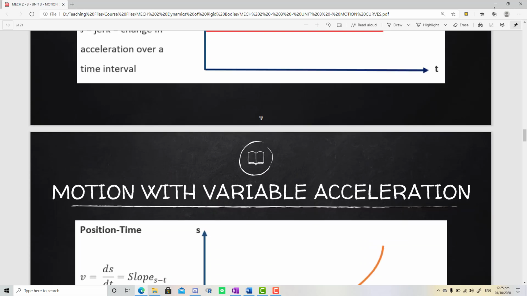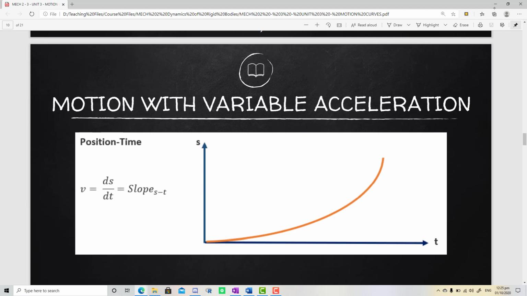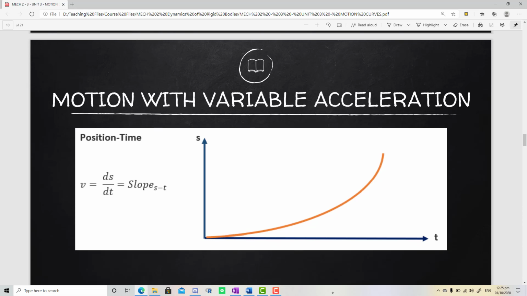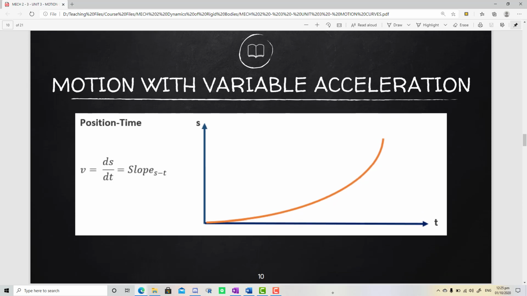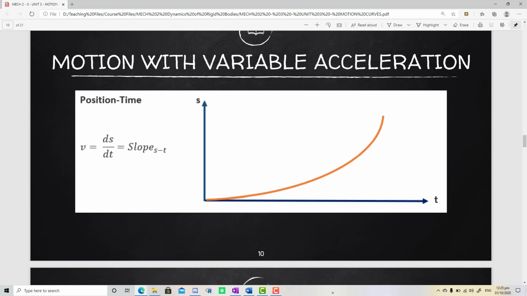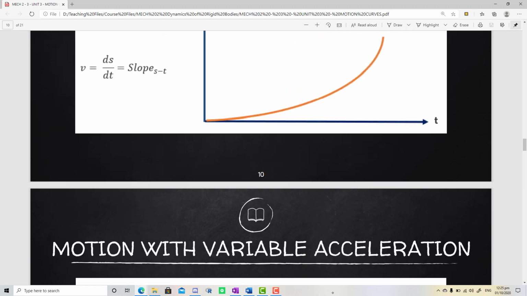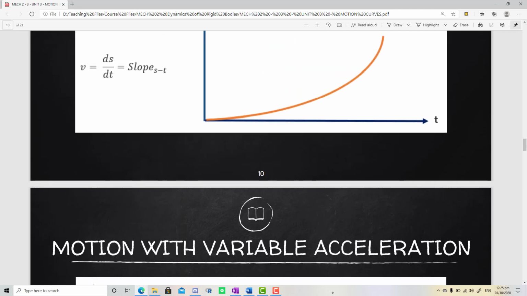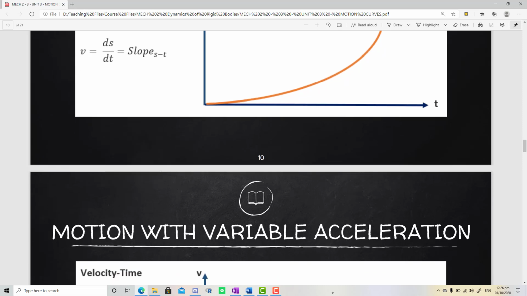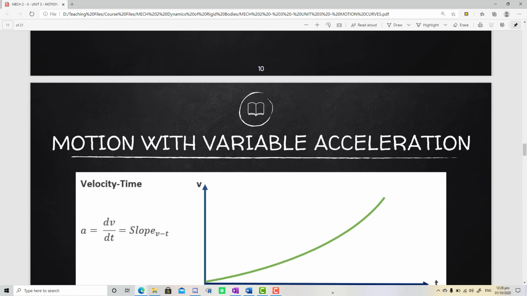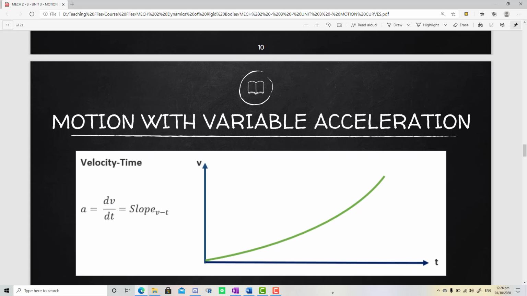The last type of rectilinear motion is motion with variable acceleration. We have your position time curve. The velocity is equal to the derivative of the position with respect to time. By the way, this is a third degree curve. If you take the velocity time curve, this will be a second degree curve.